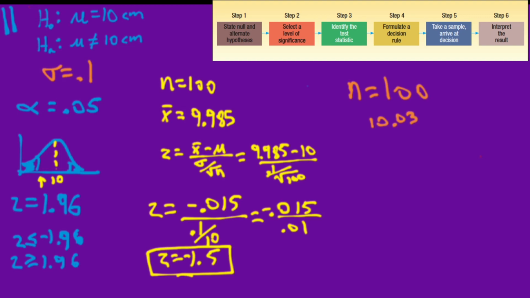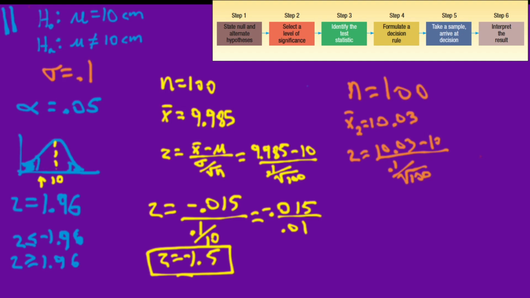Okay, so again, very, very close to 10. We probably can't see it visually, but let's run that through our z-test. This is the new x-bar, and we'll call that x-bar 2, the second sample for the second day. We get z equals 10.03 minus 10 over, still 0.1, and we did another 100 sample.